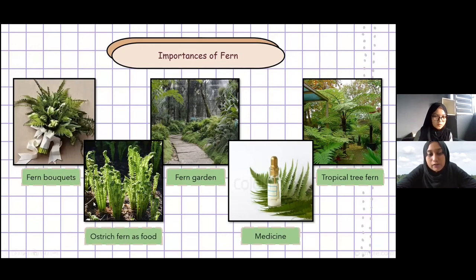Then we have the ostrich fern as a food. We also have the fern garden, and in the medical field, we produce ferns into medicine. Then we have the tropical tree fern.